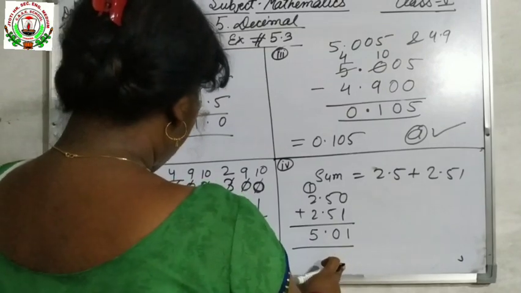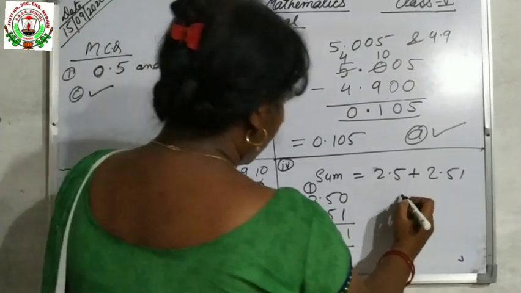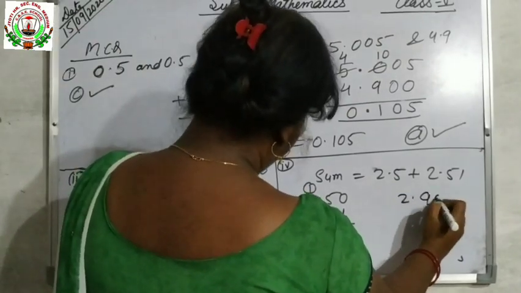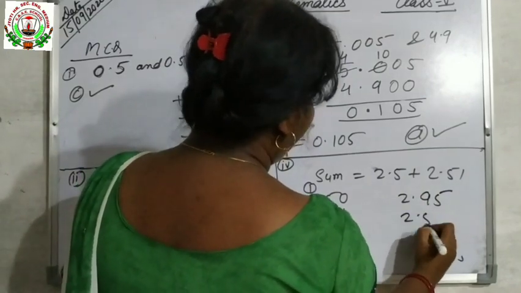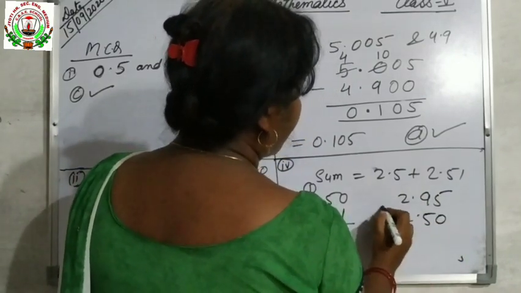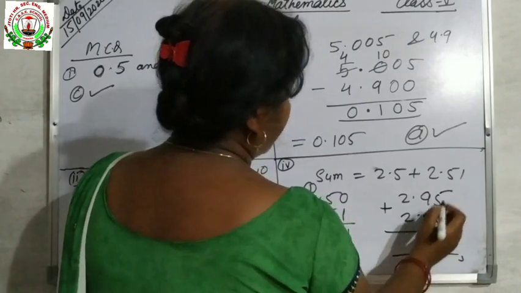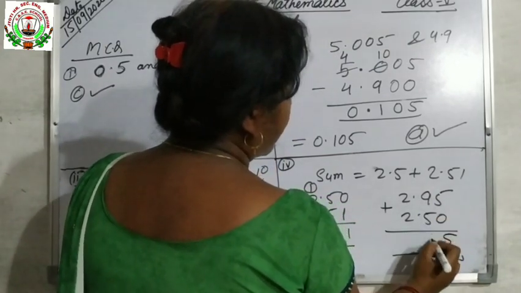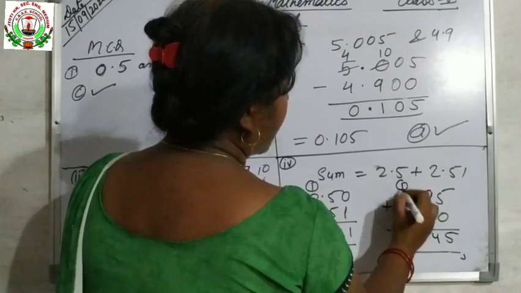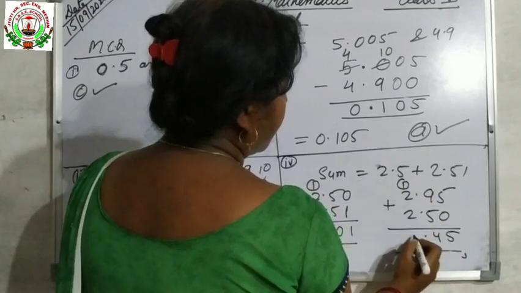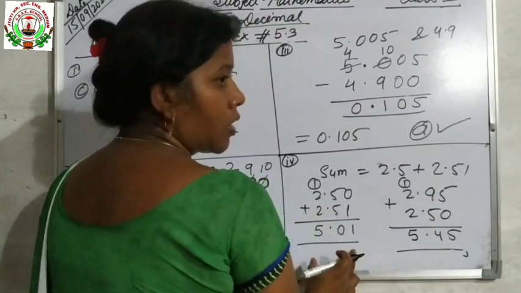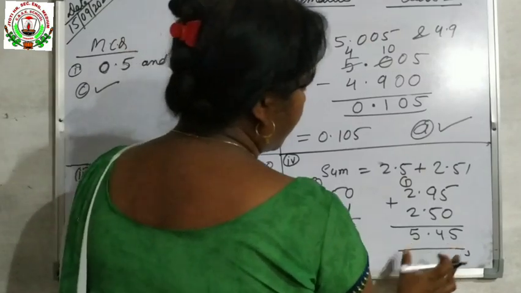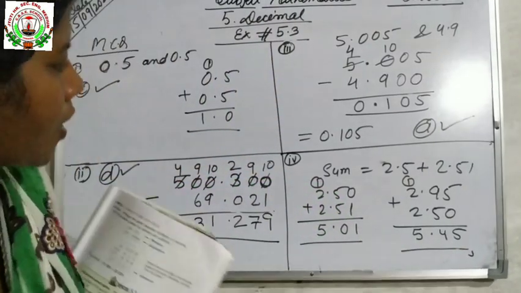We will subtract this number from the sum of 2.95 and 2.5. Again here is a vacant place, so we will put 0 and add. 5 plus 0 is 5, 9 plus 5 is 14, 4 and 1 carry, 2 plus 2 is 4, 4 plus 1 is 5. Now look here, which is greater, 5.01 or 5.45? 5.45 is greater.